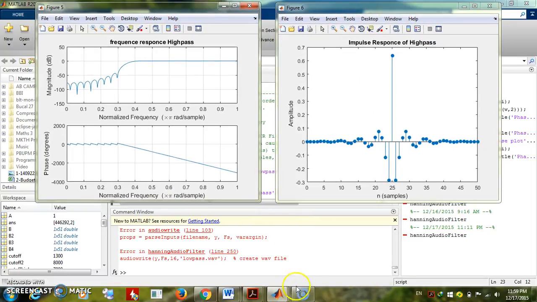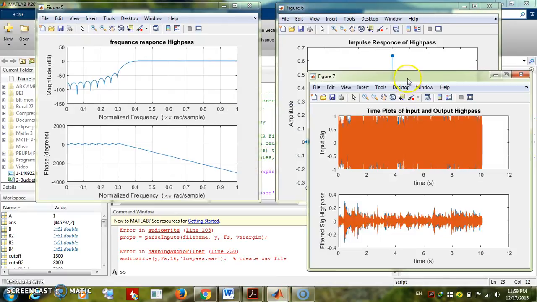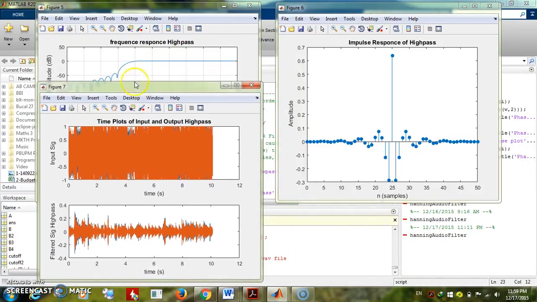And for the third graph, yes, this is the third graph, and the upper graph is the time plots of input and output high pass, and at the bottom is the frequency after we filter it.